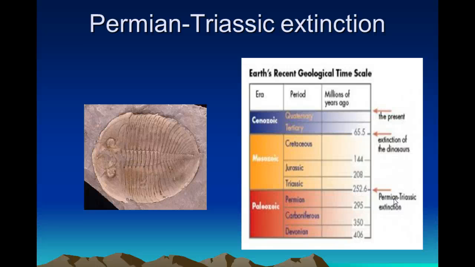Now, also write that trilobites, you see a trilobite fossil right here. Trilobites were the dominant marine organisms and were completely wiped out. And again, you see a picture of them right here. So 90% of all living things wiped out during the Permian-Triassic extinction about 2.52 billion years ago.